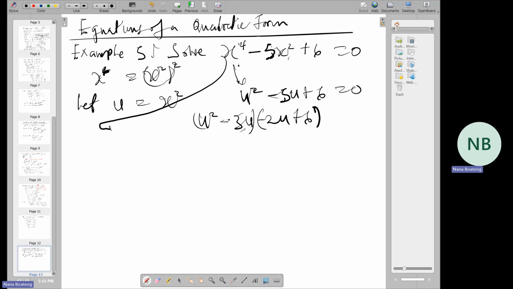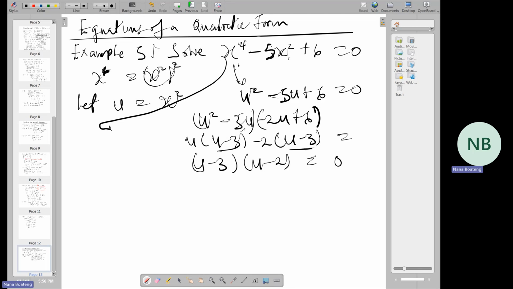So u times u minus 3, and we can factorize -2 out of the second parenthesis, so minus 2 times u minus 3. So now we have u minus 3 times u minus 2, and this is all equal to 0.